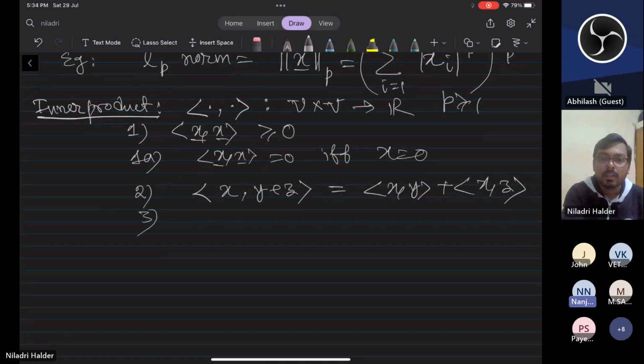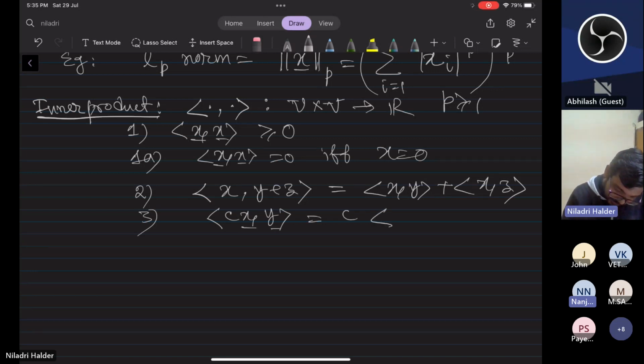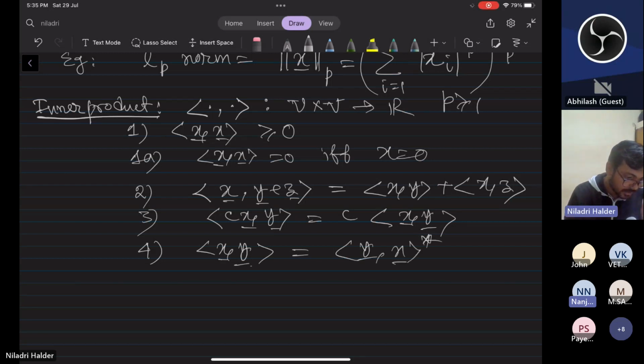Number three, suppose c is a scalar, then we can write the inner product of c times x and y. Then number four is that the inner product of x and y is the same as the inner product of y and x.